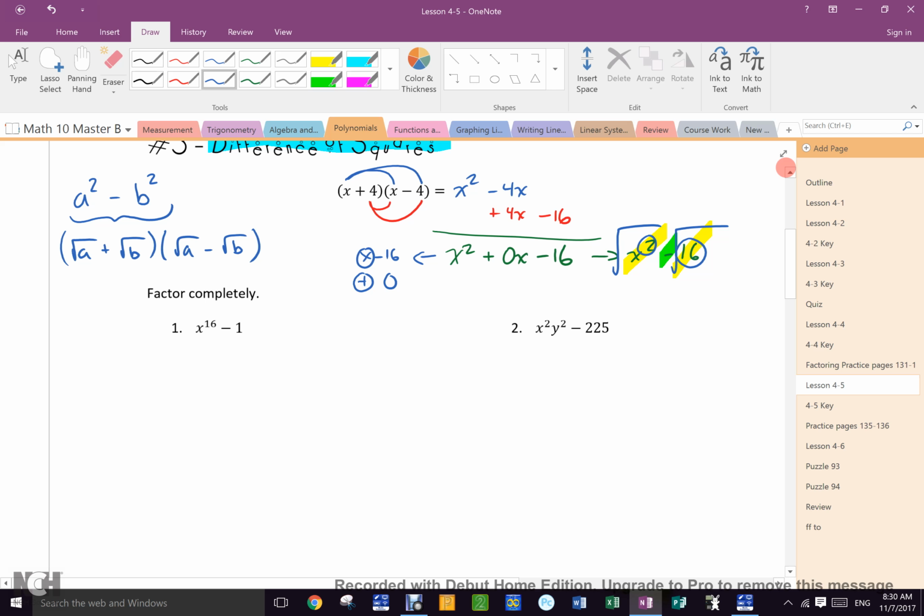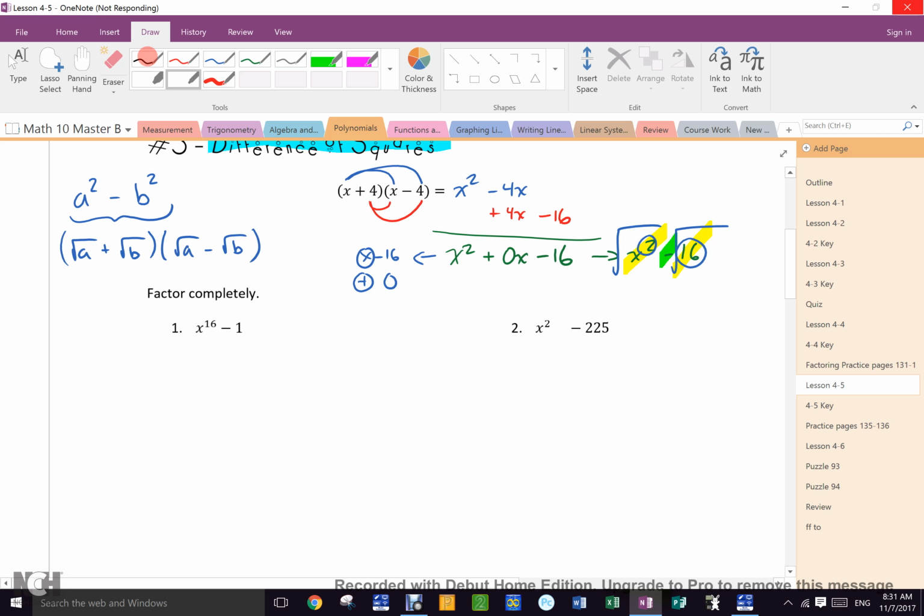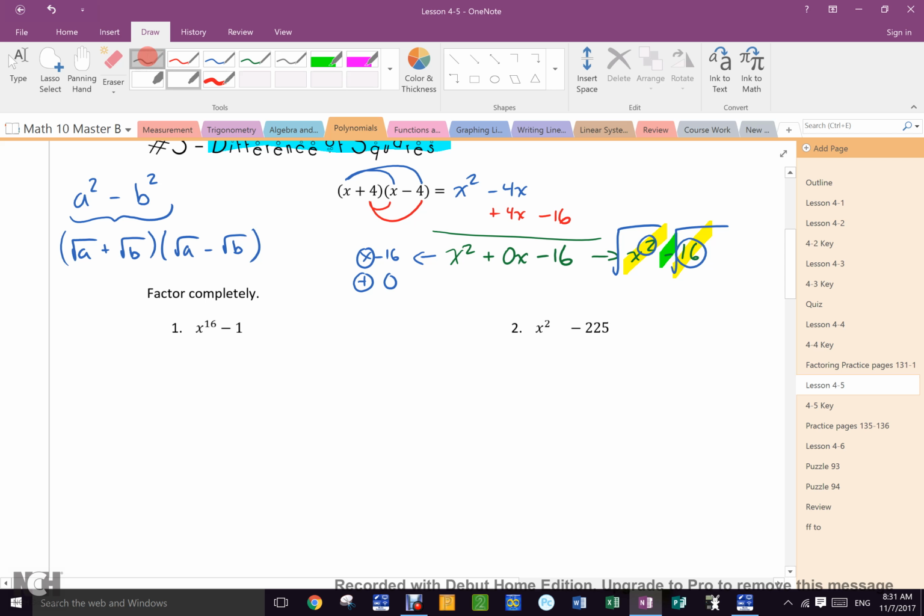All right? So let's look at this very second one here. If there were no y squared there, is x squared a perfect square? Can I get a square root for it? Excellent. Is 225 a perfect square? Yes.